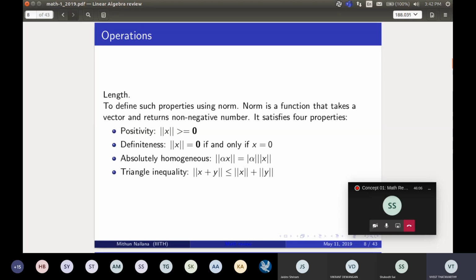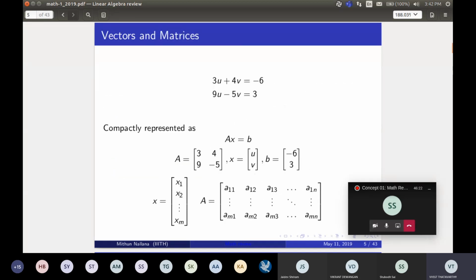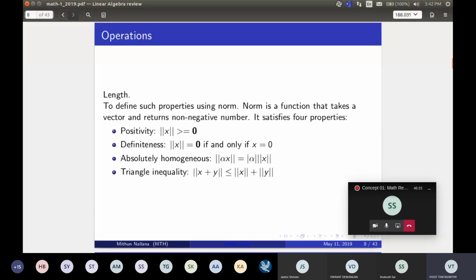If you take something else, you will get another kind of mathematical entity that represents that particular norm. So there are different kinds of norms that we will come across. We'll look at them in the coming slides. Whatever it is, because we are squaring the numbers and then adding up, the norm of a vector is always positive.